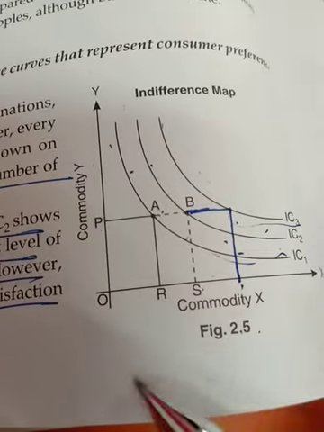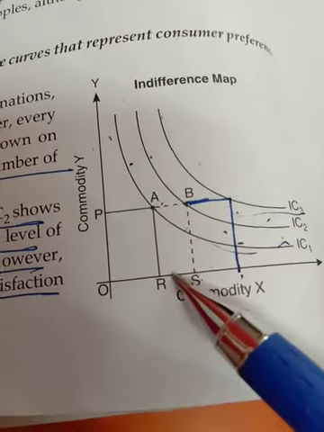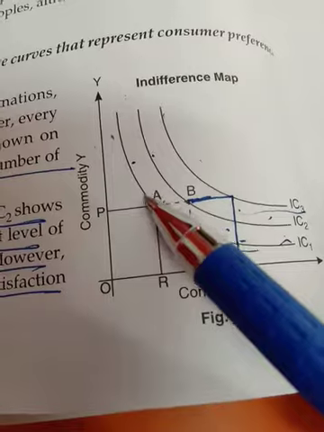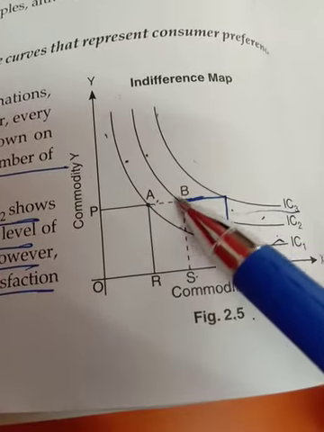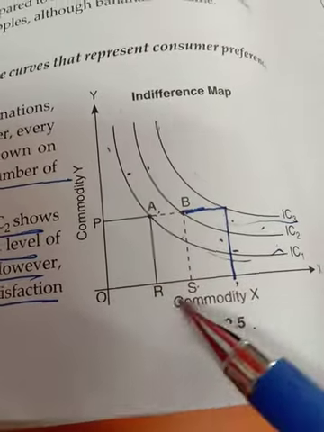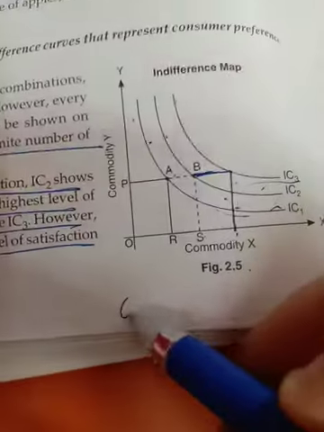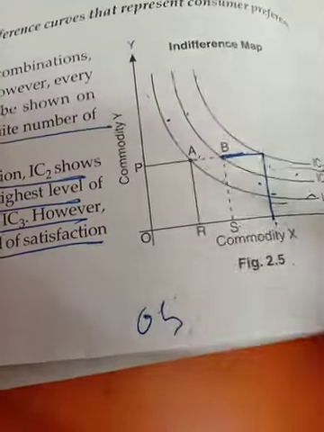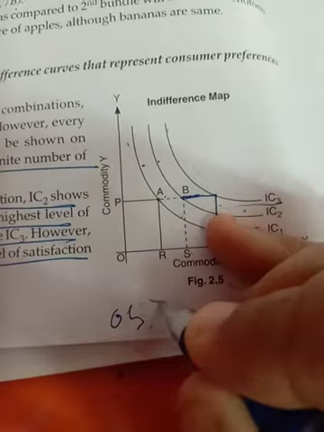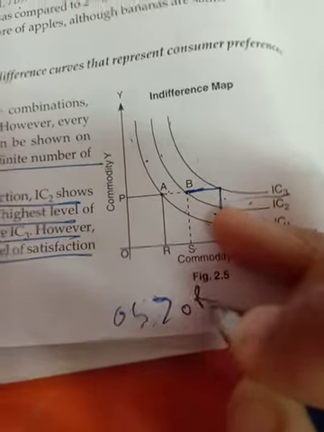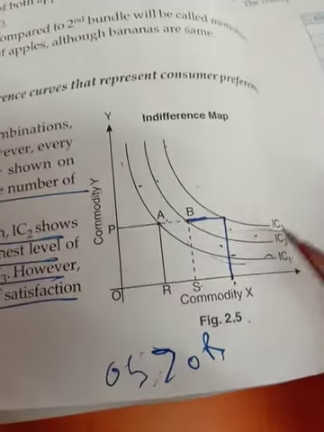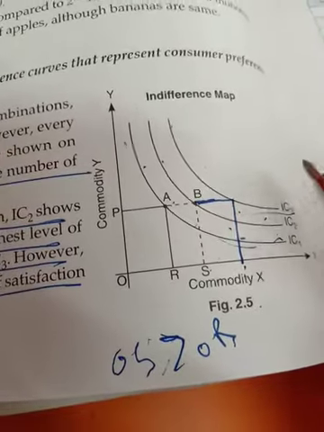For IC1, what about the X commodity? OR is the quantity shown for IC1 and OS is the quantity shown for IC2. So OS is more than OR of X commodity.